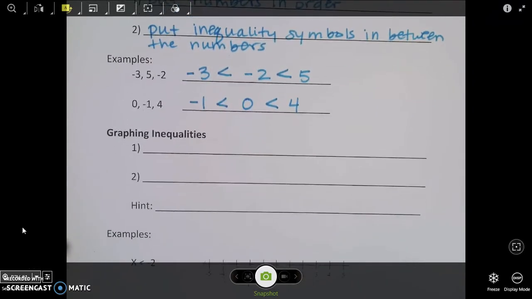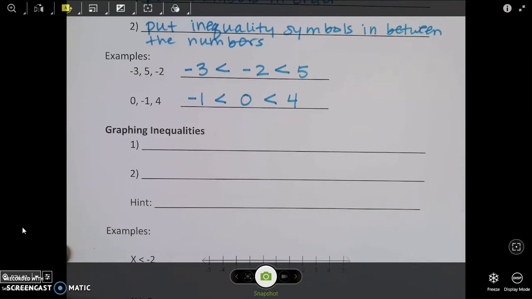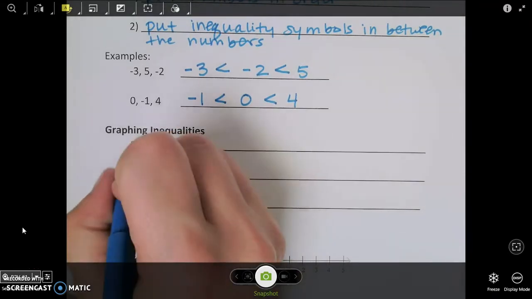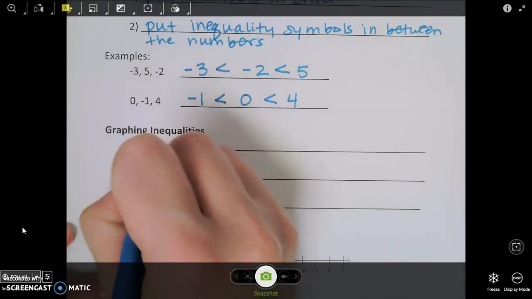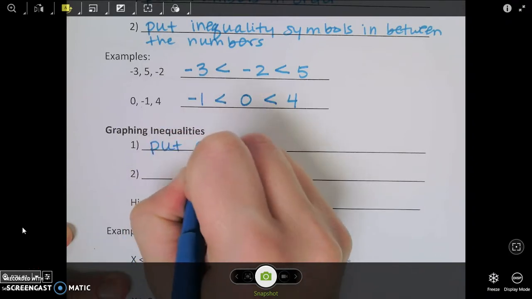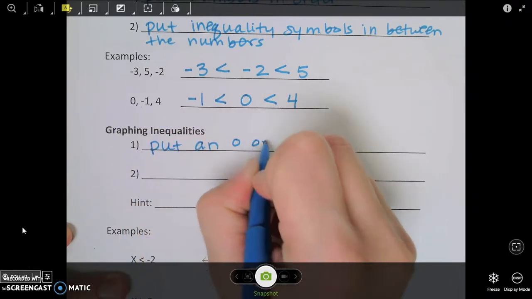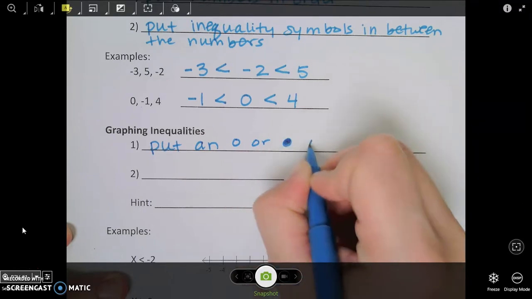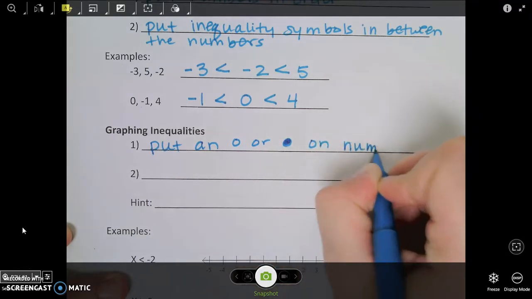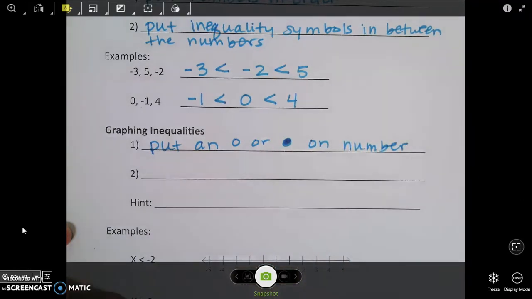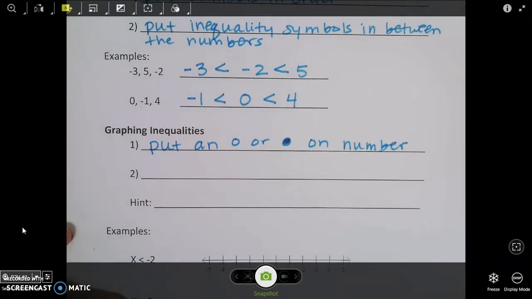Next section, graphing inequalities. Again, there's 2 steps here that you need to keep in mind. The first one is you need to put an open or closed circle on the number that's in the inequality.